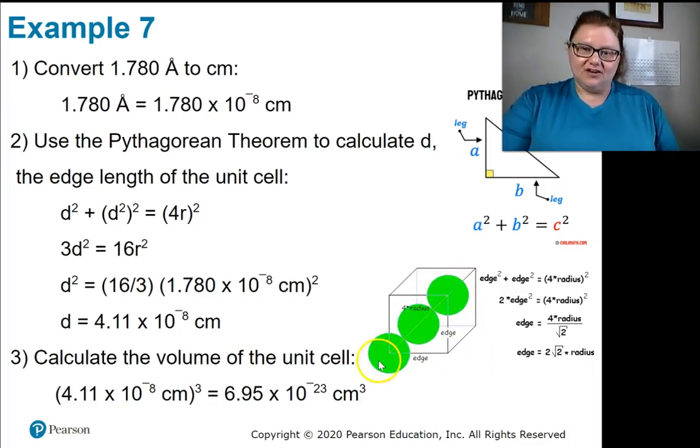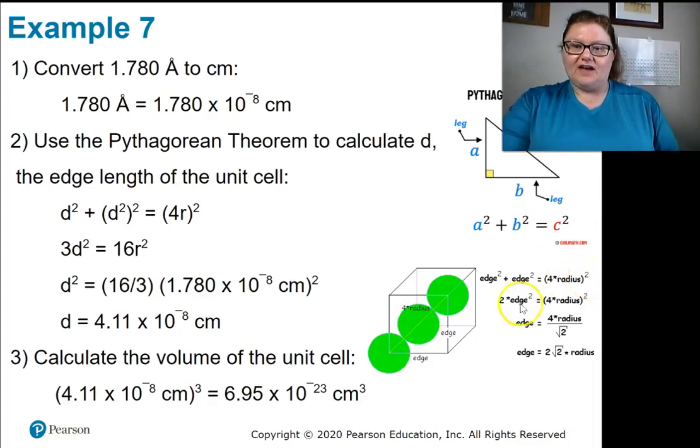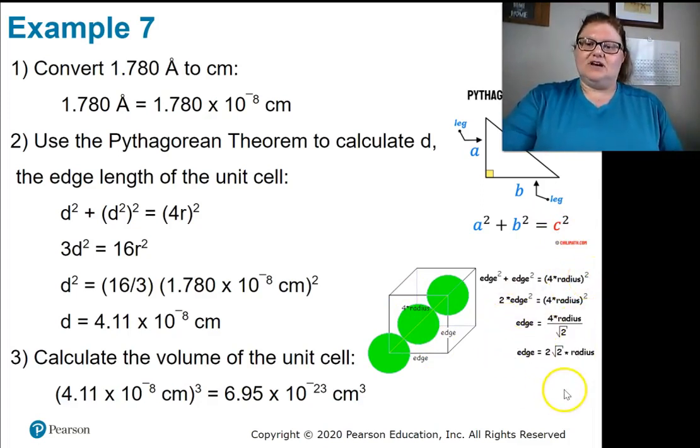And so from here, we can translate that to edge squared instead of a squared. Edge squared, meaning this edge, instead of b. And then 4 times radius here are c squared. That's just what's given in the face-centered cubic arrangement. Square that. Come down.